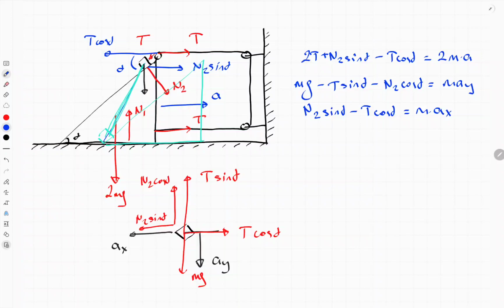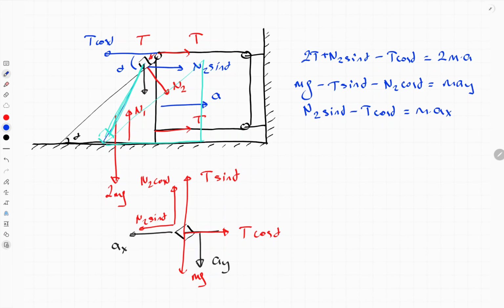So pay attention, we have two more equations, in total 3 equations, but let's count again how many unknowns we have. Tension, N2, A, AX, AY. We have 5 unknowns, but we have 3 equations. So it means these 3 equations are not enough to solve this problem.